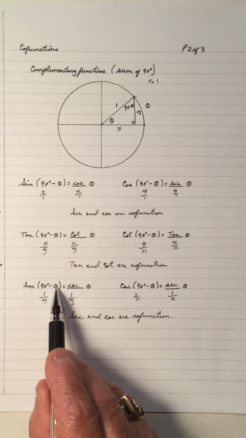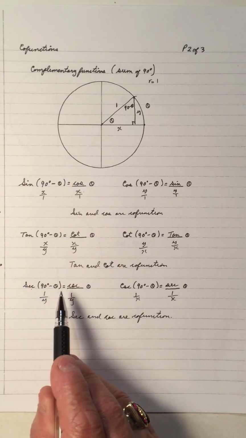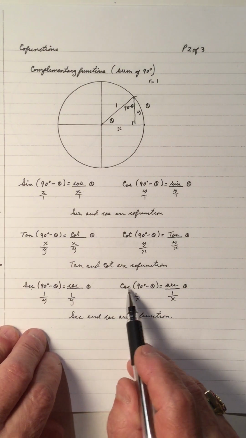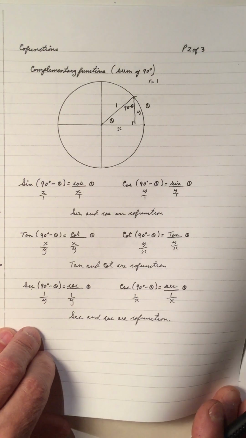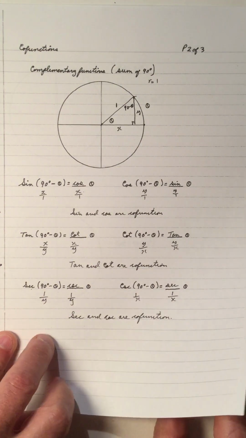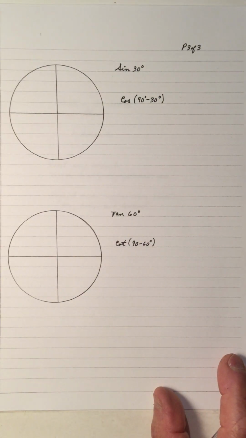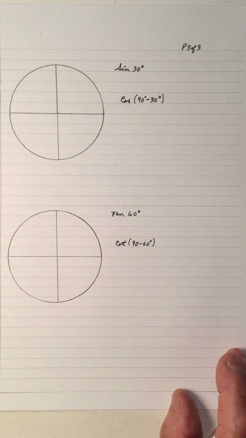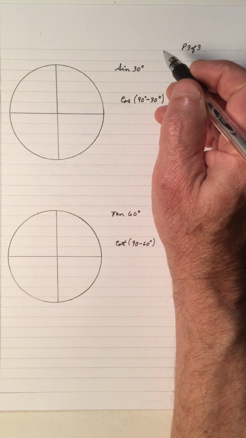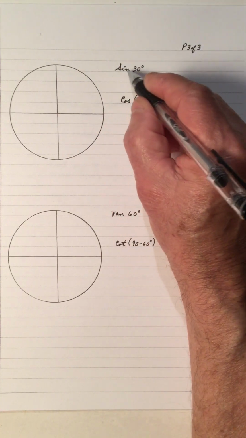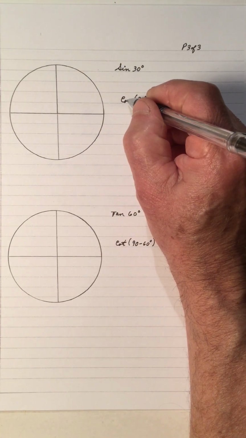And you have secant and cosecant, or cosecant and secant. So when you reflect or move through a 90, you change sine to cosine, tan to cot, secant to cosecant.